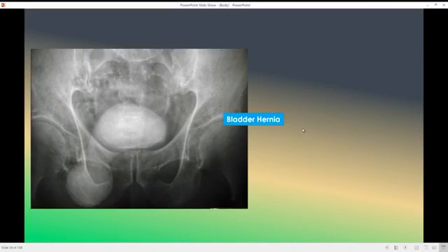So this is a hernia of the bout of the urinary bladder in the inguinal canal. Okay, we move to the next case.